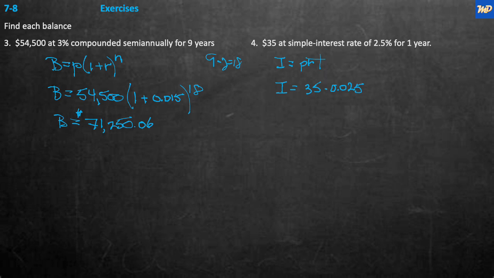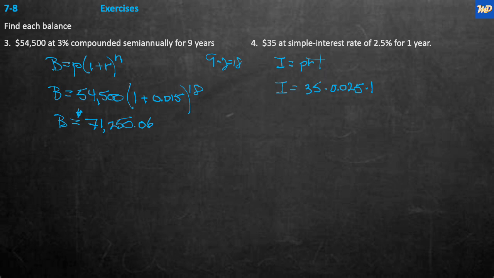That's 2.5% for how many years? 1 year. So 35 times 0.025.